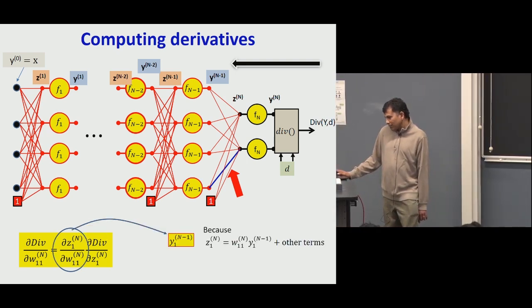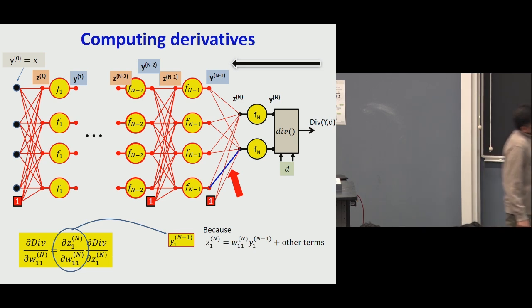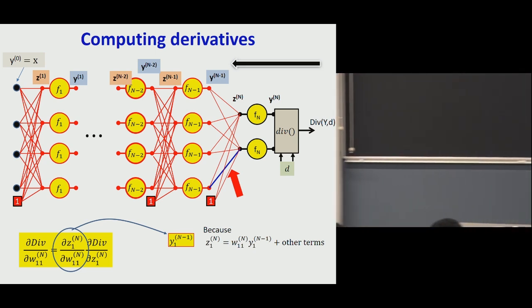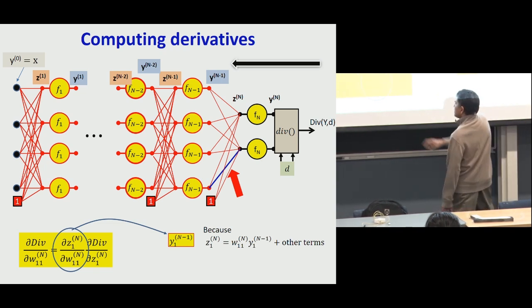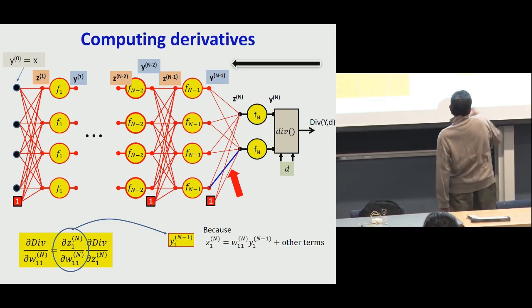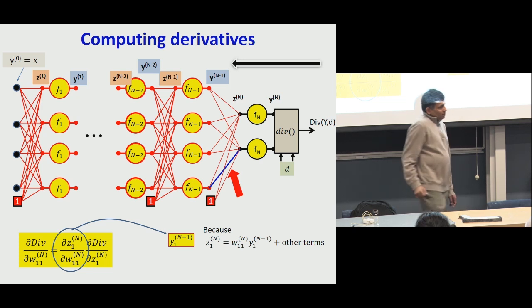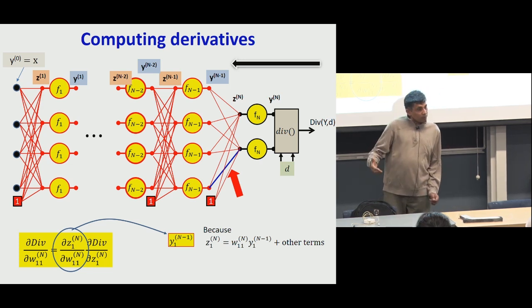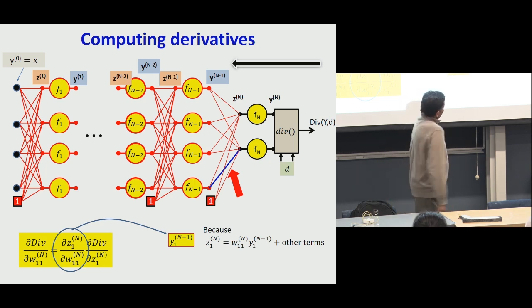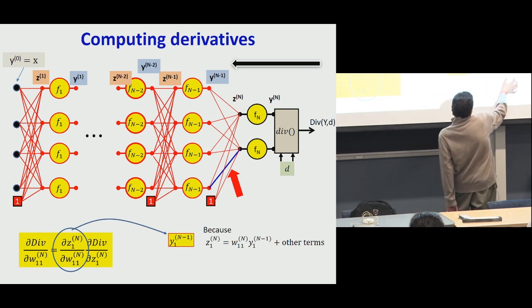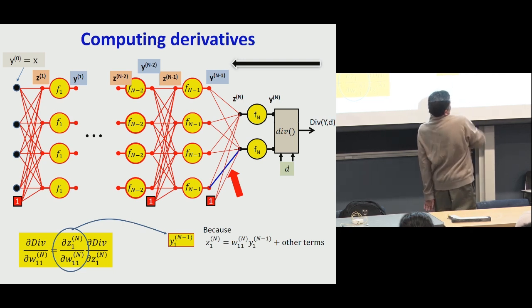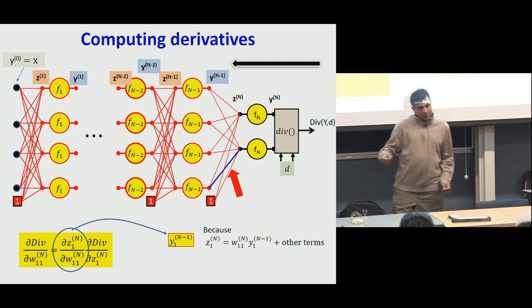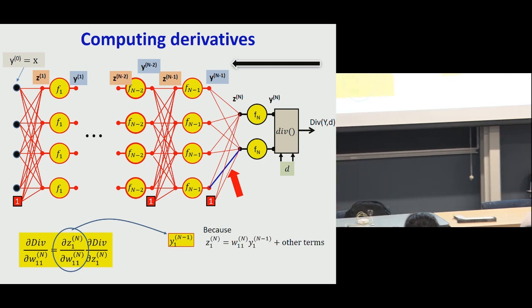The second term: now remember that z is simply, if you take just say w11, z is w11 times y1, where y1 is the output of the previous layer plus some additional terms, right? So if I take the derivative of z with respect to w, it's just going to give you this output, the output of that particular neuron that is connected to by the weight, right?